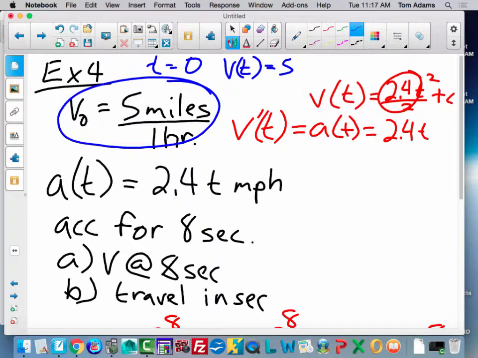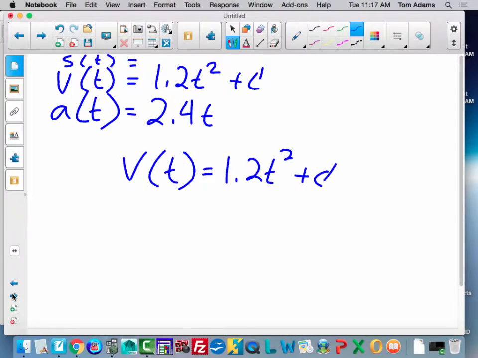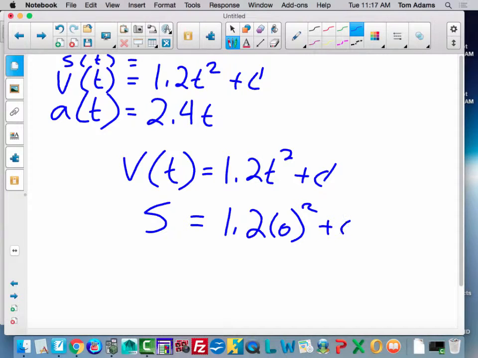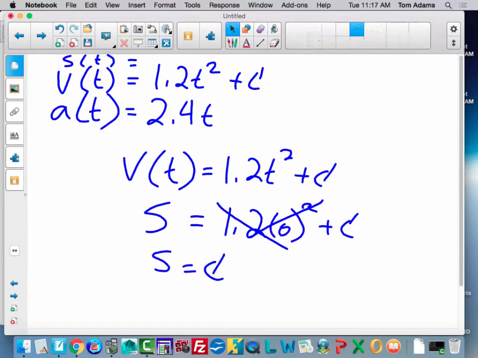Did you guys figure all that out? All right. So now we're going to plug that in, and we're going to say 5 is equal to 1.2 t, but t was 0, squared plus c. This whole thing goes to 0, so c is equal to 5. So now what I'm going to do is I'm going to come up here, and now I know for sure that that's my function.